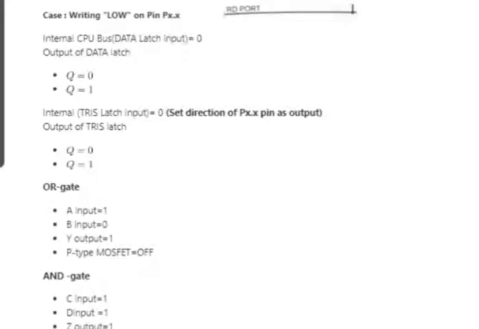Then the TRIS latch input sets the direction of PXX as output, and the output of the TRIS latch Q0 Q1, then the OR gate and AND gate. So the pin is pulled down by the lower FET. Hence at PXX.0 there is ground or logic 0 on the pin, and the output becomes 0.